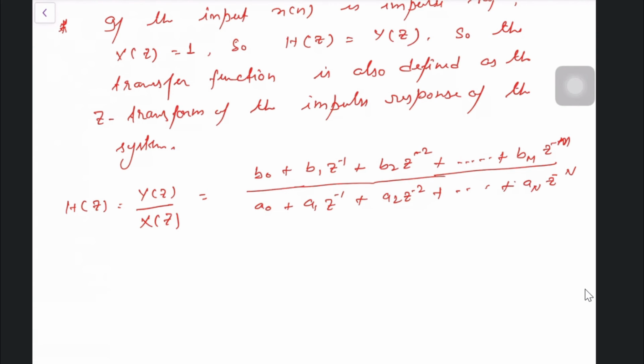So we can represent this transfer function in polynomial form, or you can say in difference equation form also.